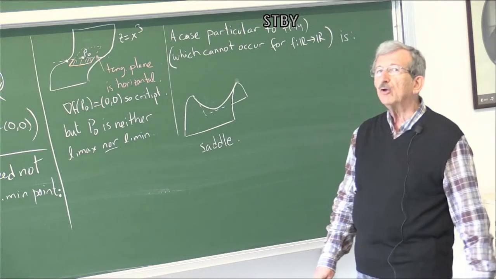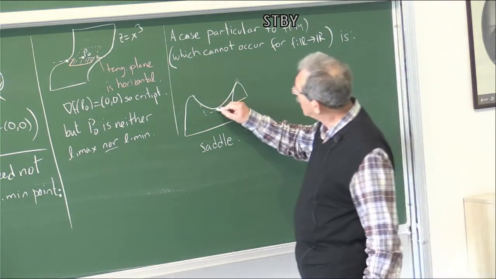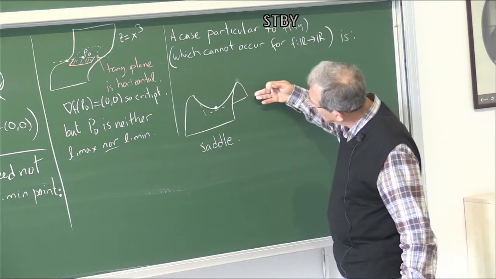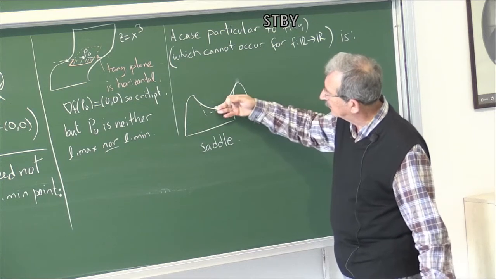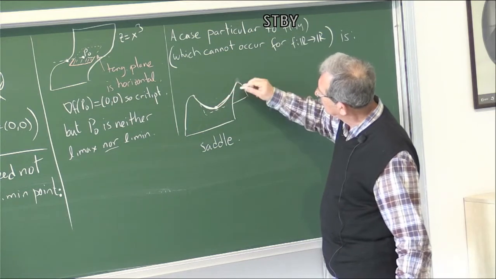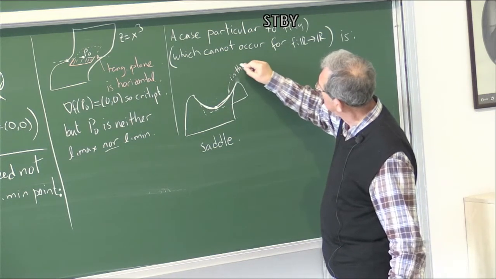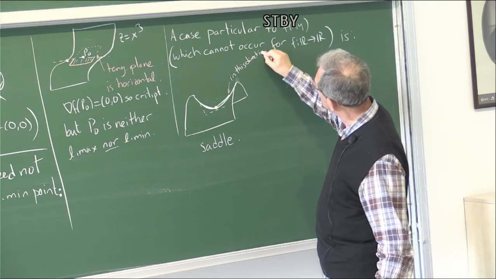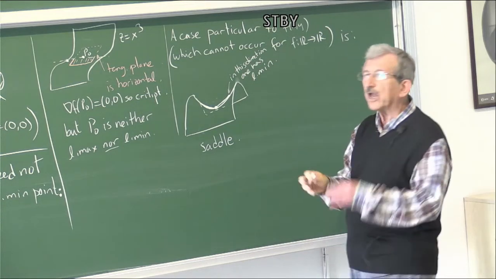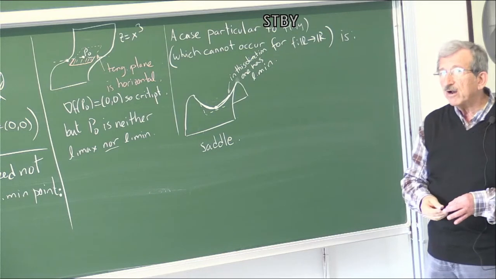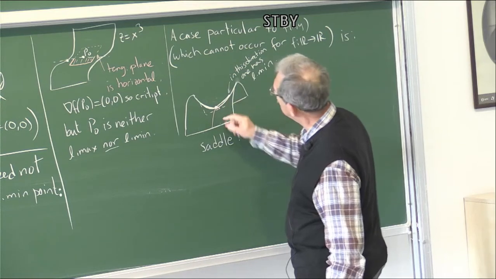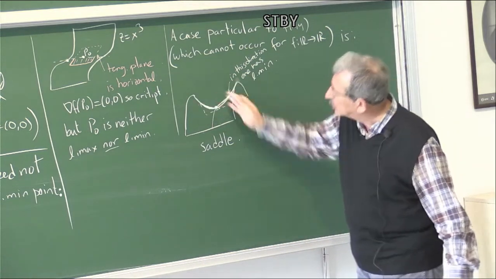It has a very peculiar property. At this point, when you consider the direction parallel to this line, then you get this curve. So in this direction, one has a local minimum, as in the case of one variable. But there are other directions. For example, we could consider this direction, perpendicular to the original direction.